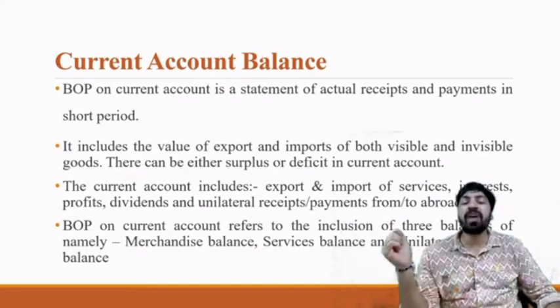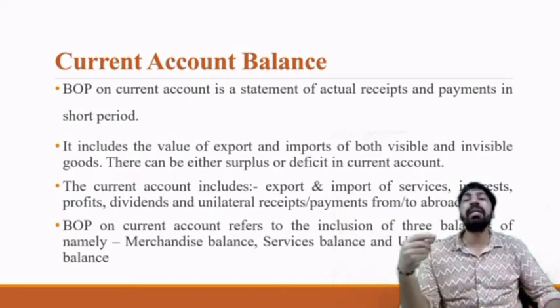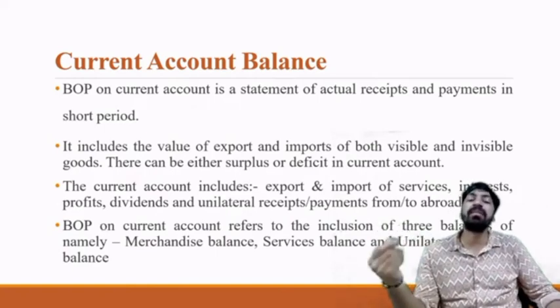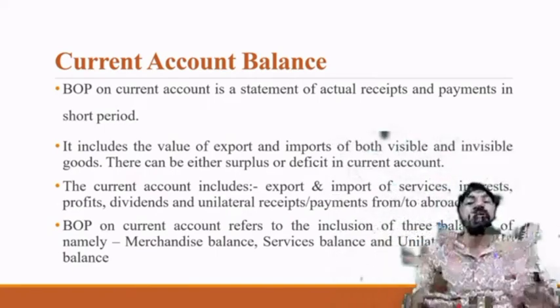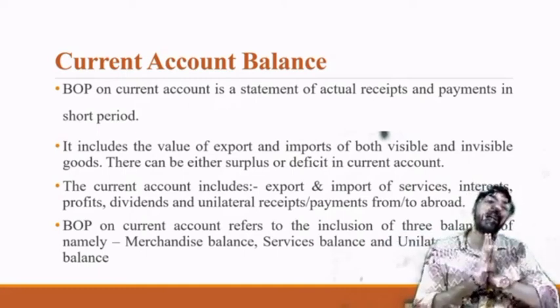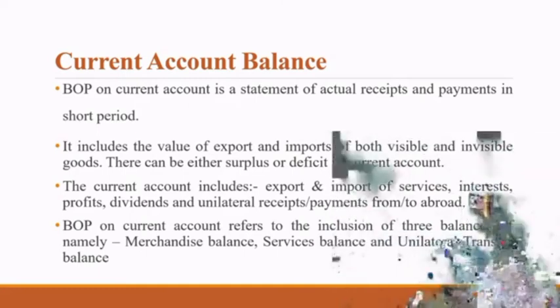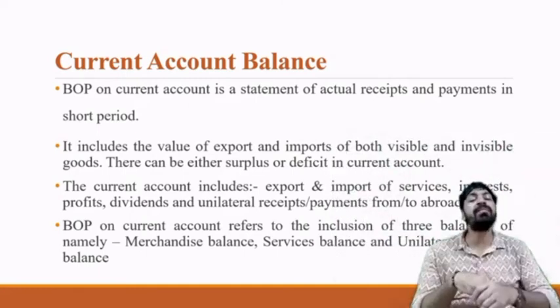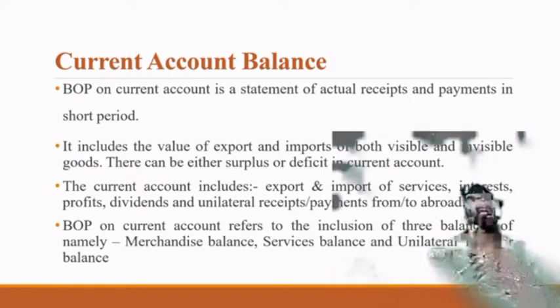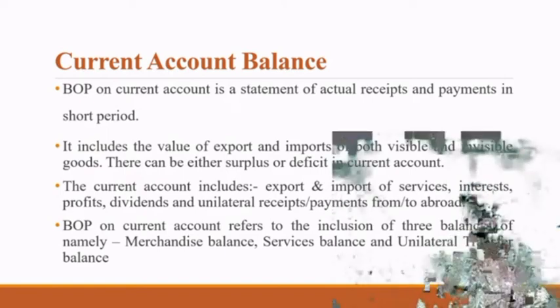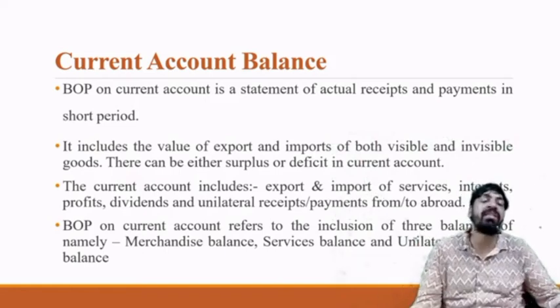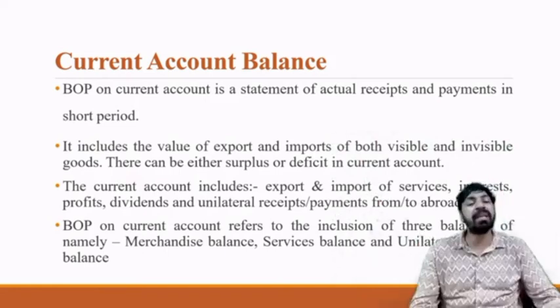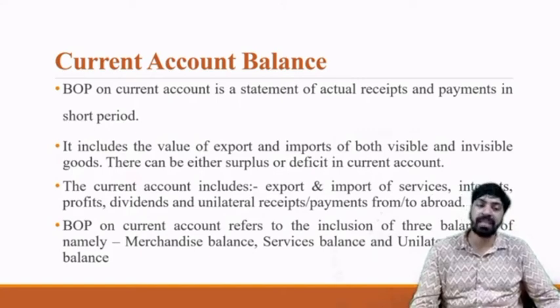And the unilateral transfer balance. The capital transfer balances are also included under the current account. So all the balances come under the current account, which shows a statement of the receipts and payments on a short period basis.